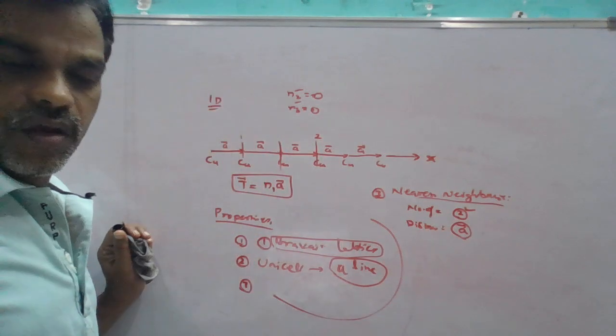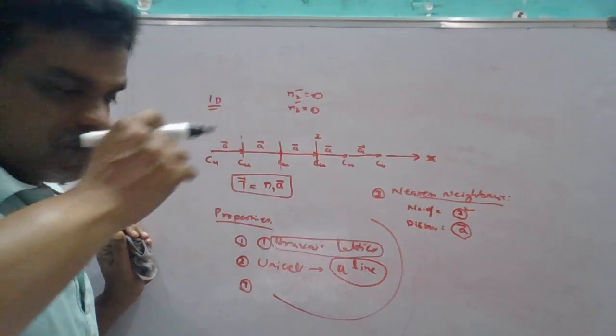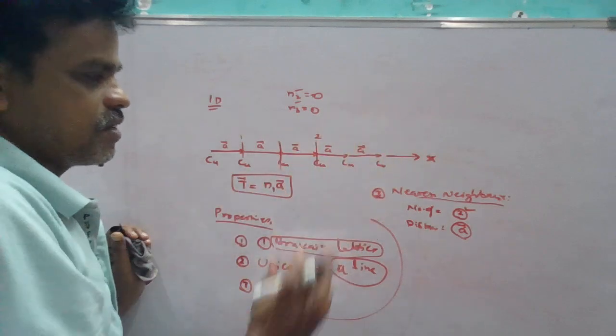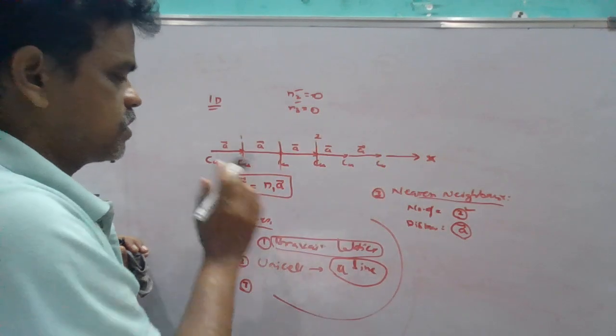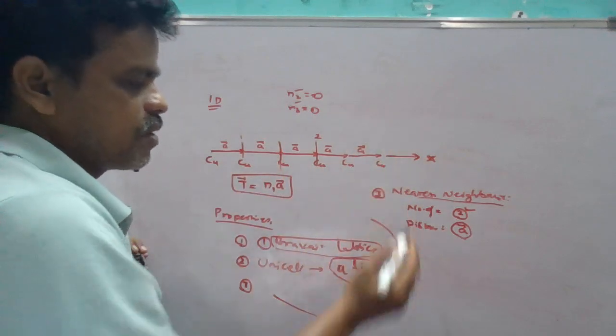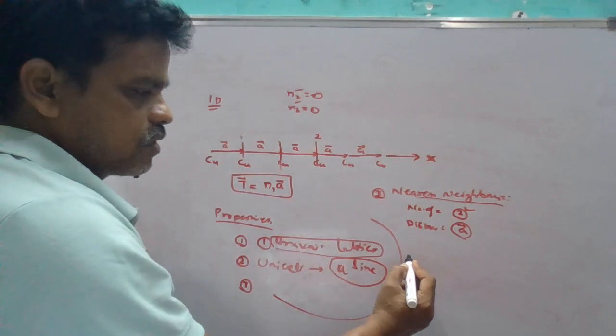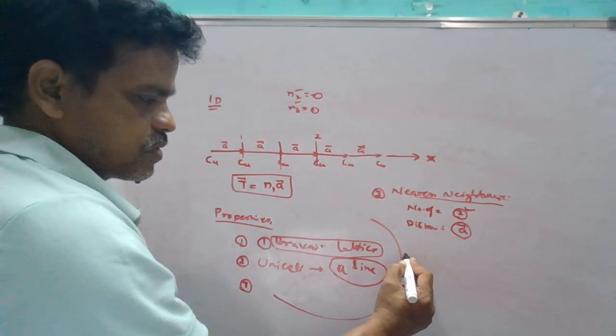Next, for example, take an n-atom lattice, a one dimensional lattice with n copper atoms. What about the number of nearest neighbors?